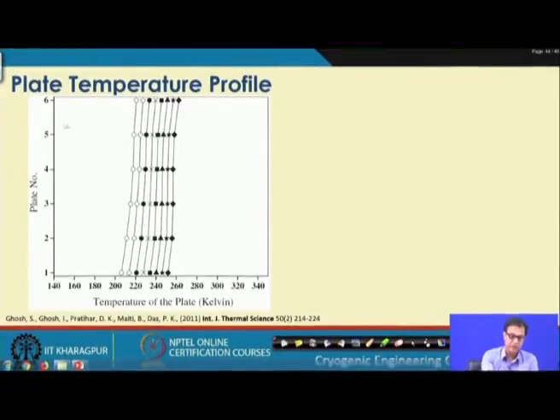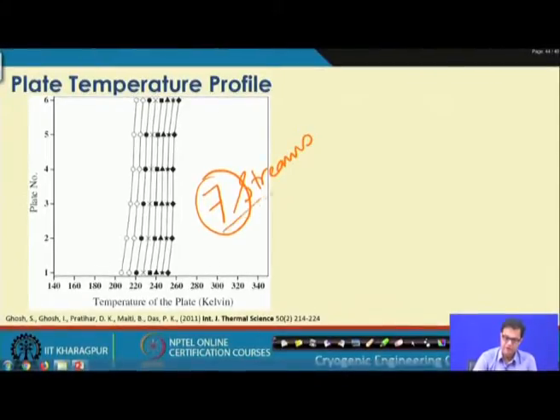As you can understand, there are 6 plates and 7 fluid streams. When the 7 fluid streams are arranged in a way that gives an optimum stacking pattern corresponding to the genetic algorithm.